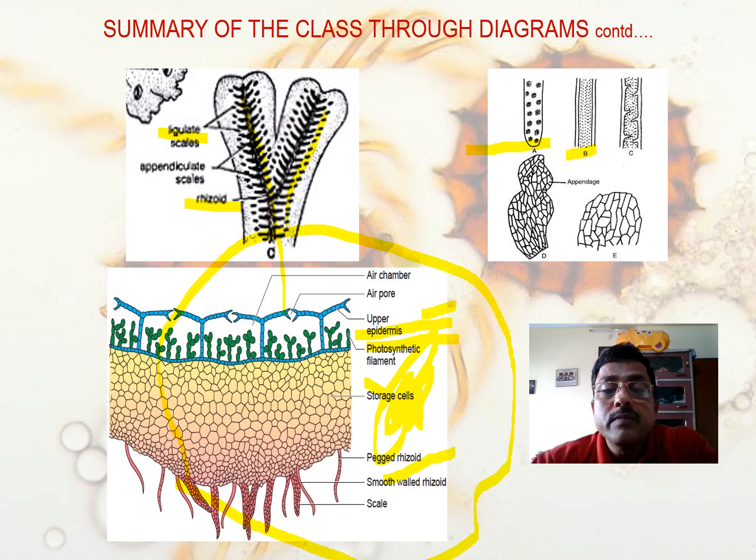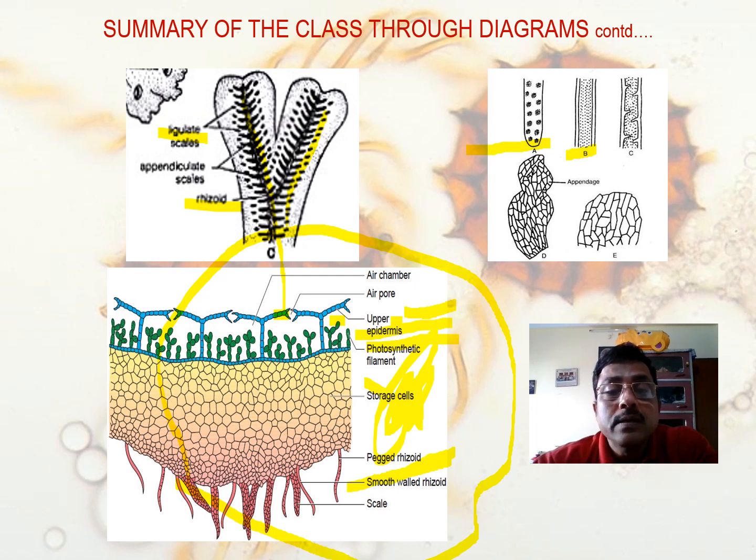So epidermal region comprises both upper epidermis and lower epidermis. See, upper epidermis is not continuous due to the presence of some air pores. These are air pores, and thus the continuity breaks on the upper epidermis.